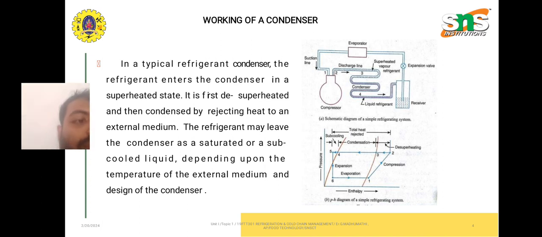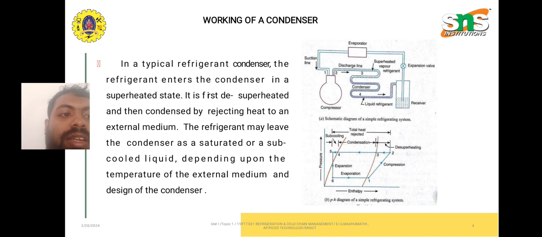Here on the right side you can see the schematic diagram of a simple refrigerating system. In this there are totally four components: compressor, condenser, expansion valve and evaporator. We can see the gas passes from the compressor to a condenser, then to a receiver, then the expansion valve, then the evaporator.